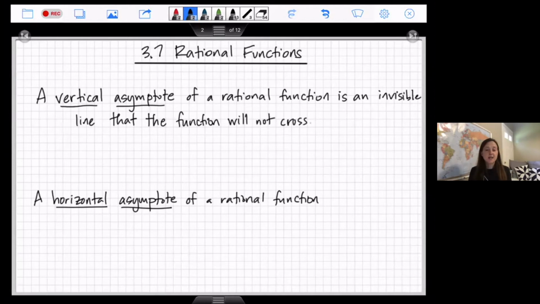A horizontal asymptote is likewise an invisible line. We saw that rational functions will sometimes cross their horizontal asymptotes, but the horizontal asymptote is not a barrier, it's more of a guide just for the right and left-hand sides of the graph. So it's an invisible line that governs end behavior.